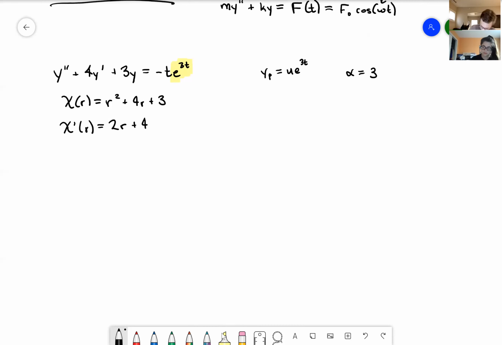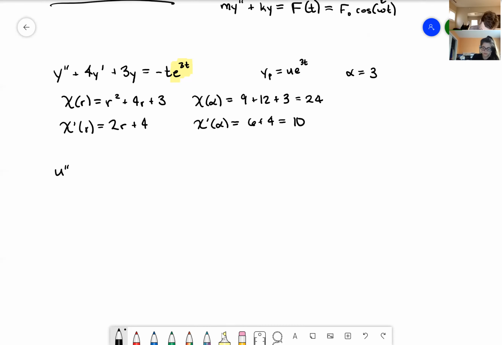So I can compute chi of alpha: 9 plus 12 plus 3 is 24. And chi prime of alpha is equal to 6 plus 4, which is 10.